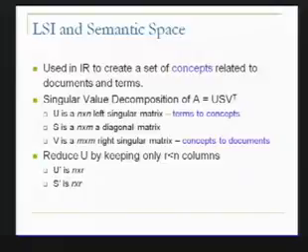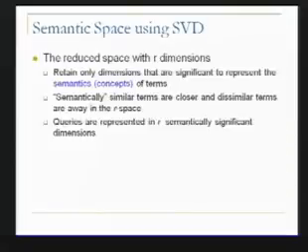If you look at the size of U, it's n across n, but if you just keep R columns there, it gives you a concept space, in which we can represent the terms using only R dimensions instead of m dimensions. So it's a dimensionality reduction. Also, it gives you a way to represent the terms in a topic space.